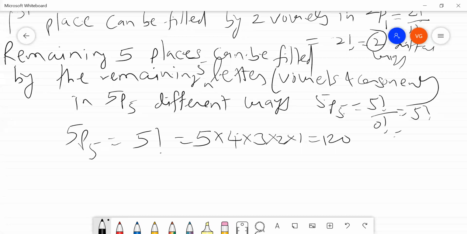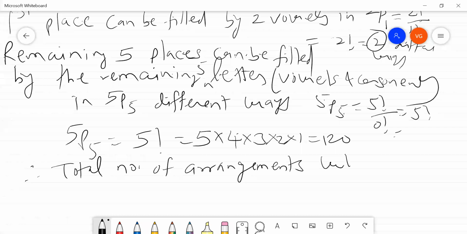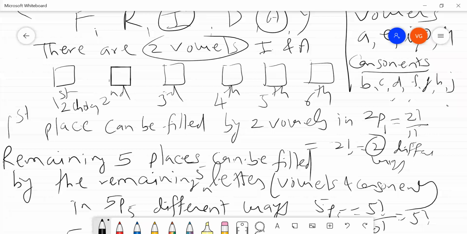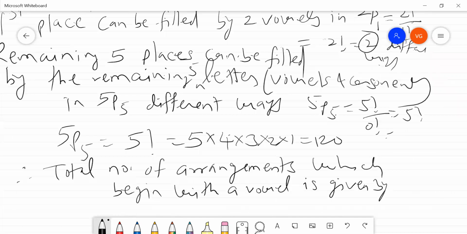120 different ways. Okay. So therefore, total number of arrangements which begin with a vowel will be given by: to fill the first place we had two choices, and to fill the remaining places, 5 factorial, that is 120.